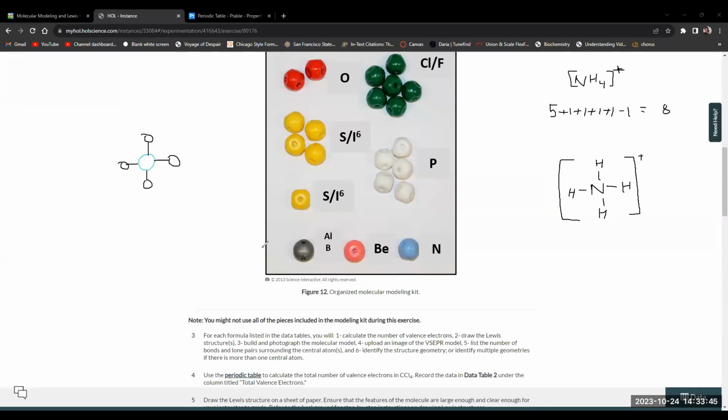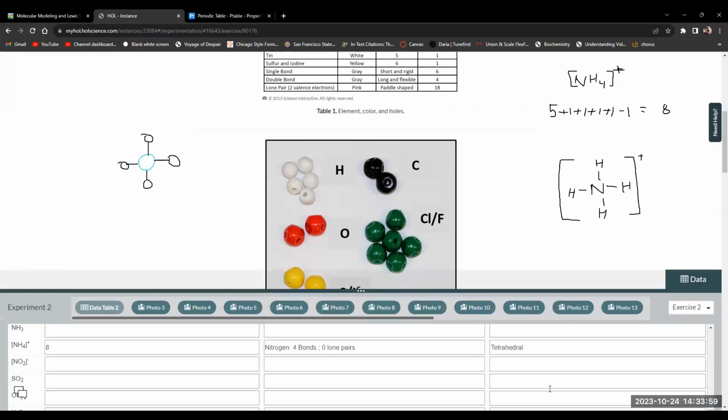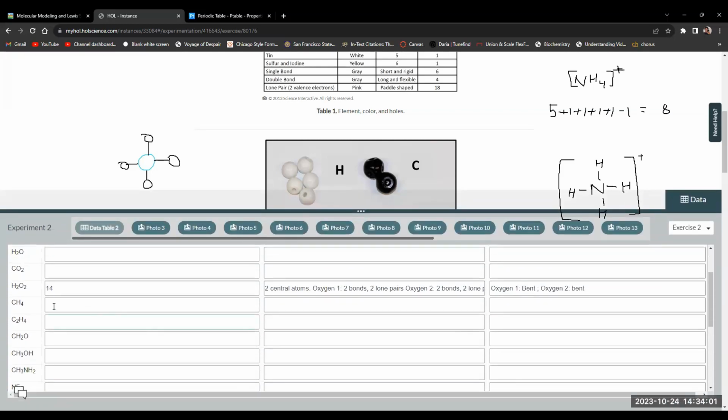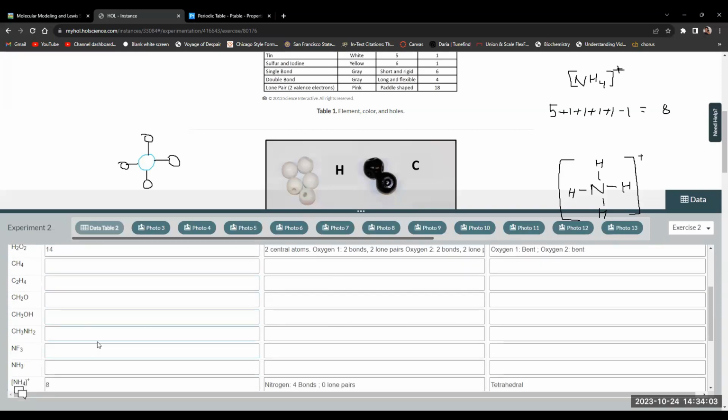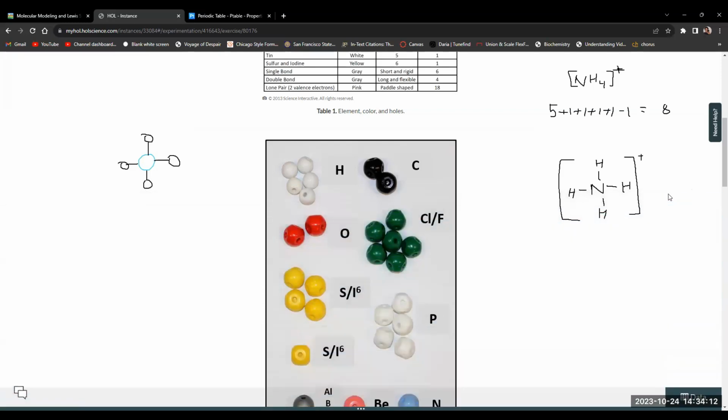And make sure you're using the hydrogen ball is the single hole, tiny one. And take a photo and then upload it to, I believe this is number 14. So that's how this lab is going to go.